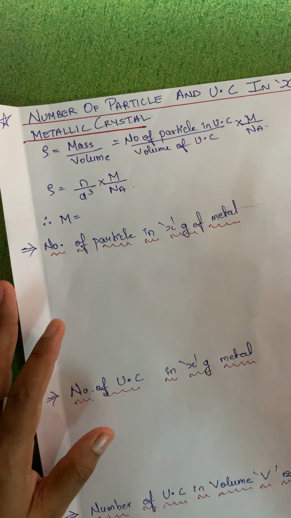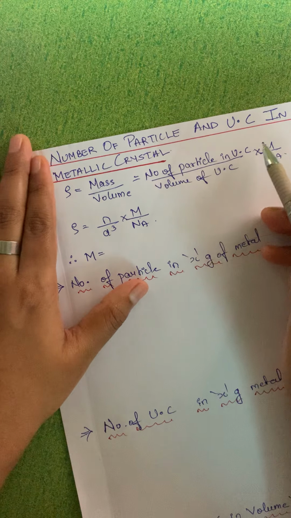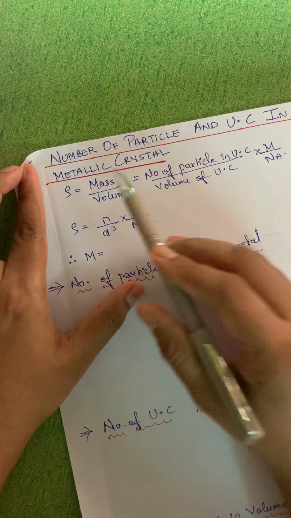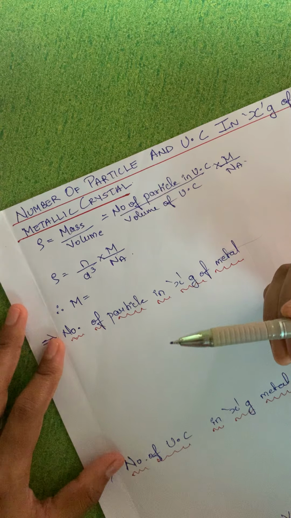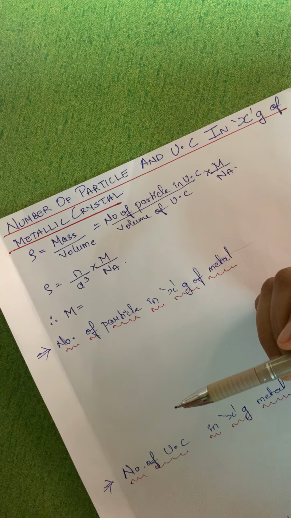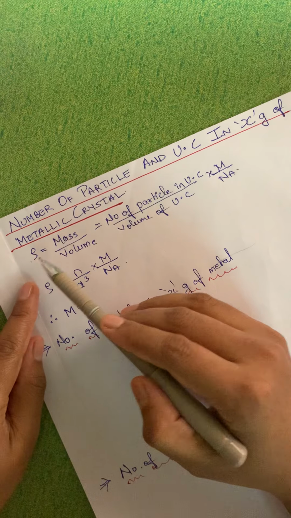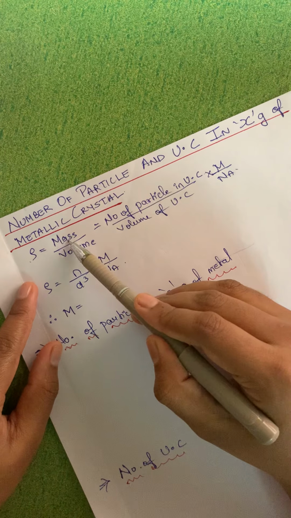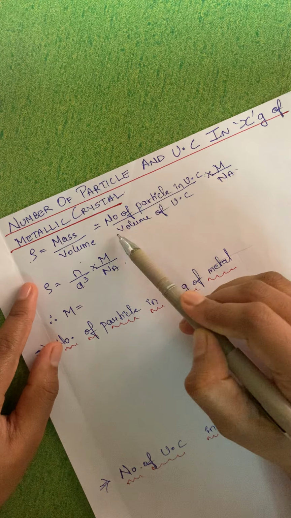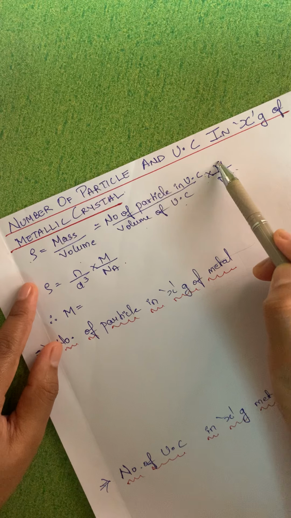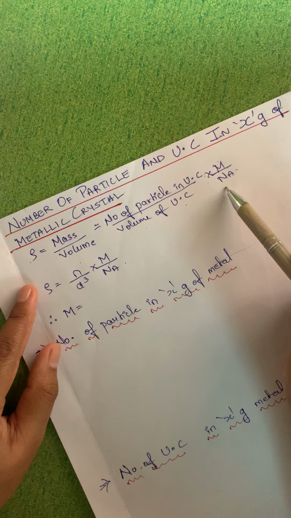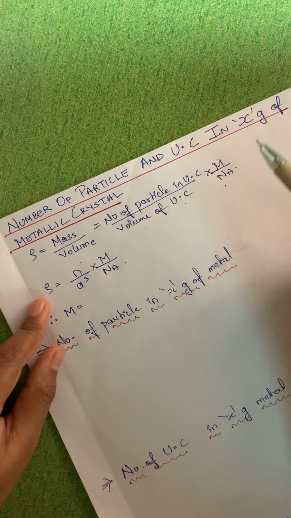Now the next thing we will be learning is the number of particles in a unit cell in X gram of metallic crystal. Okay, so this is simple. Again we will start with density, mass upon volume. Density is number of particles in unit cell into molar mass upon volume of unit cell into Na, which we have derived before.